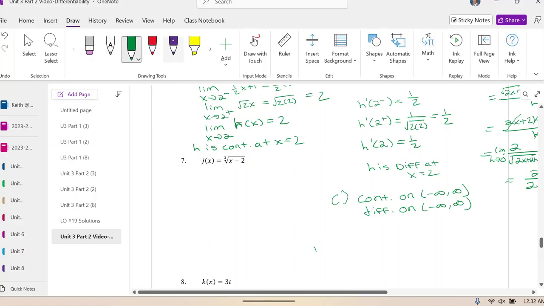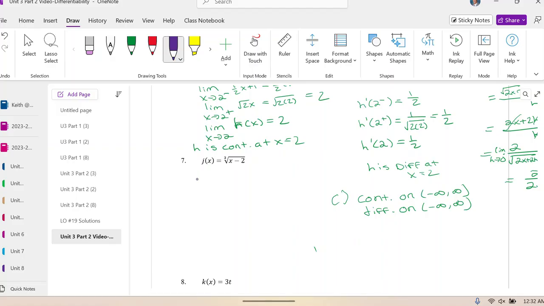Okay, the next question. So here it's a cube root. So notice a cube root of x minus 2. The cube root graph, if you look, would look something like this. So the point that you want to check is where it changes, like kind of the middle of the snake here.